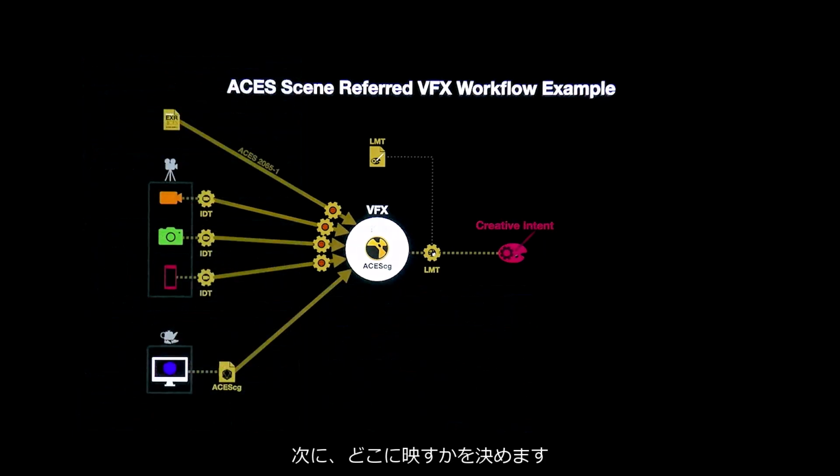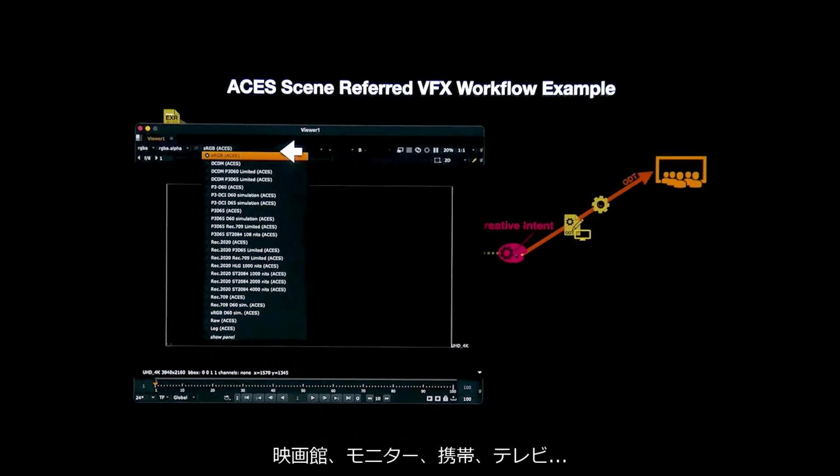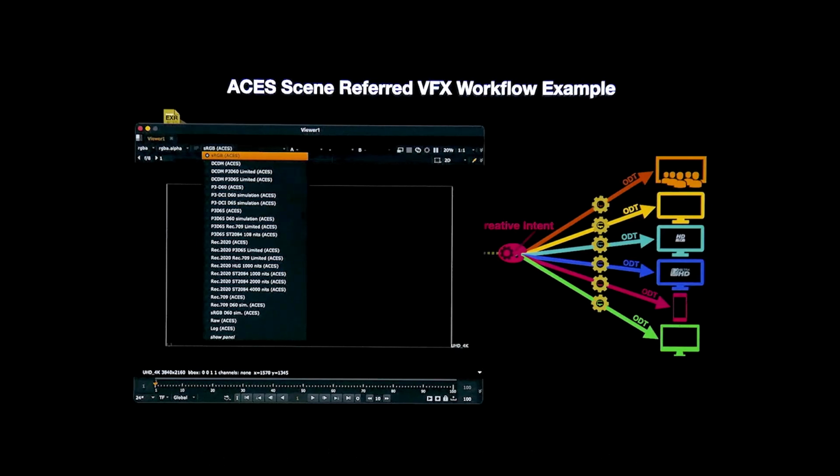So once you have that, what you need to do is decide where you are going to visualize that. You want to put it in the cinema, or in the monitor, or on a TV. Those are the options available that you can apply in the viewer to visualize, okay? So for instance, if you are using a regular computer monitor, you want to use the ACES sRGB. That is the SDR, so non-HDR content can be displayed in there.